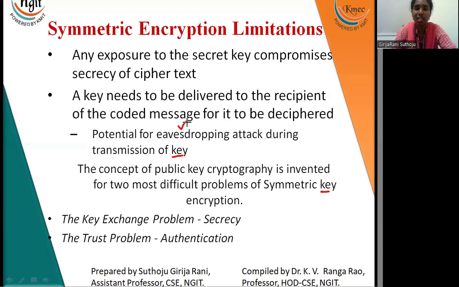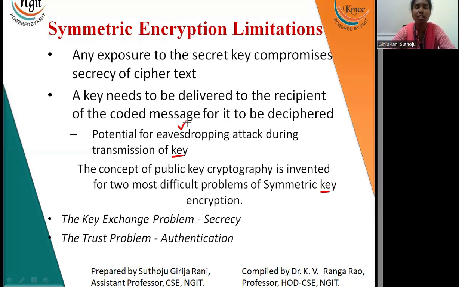This is the main disadvantage, where the same key has to be transmitted between the sender and receiver for sure, because we encrypt at the sender side, and at the receiver side only that key should be there to decrypt it. So this is one of the main concepts where we are lagging in symmetric encryption, only in the point of secret key transmission.